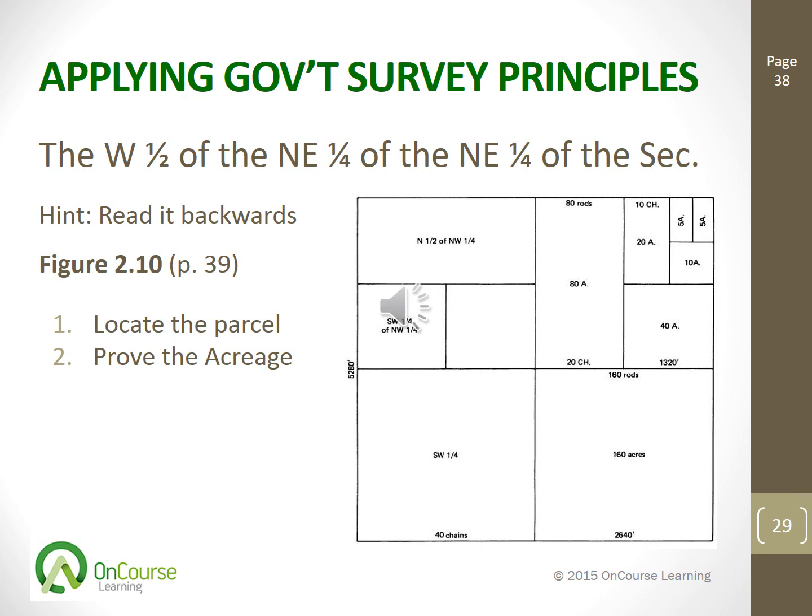Now let's make it just a little more complicated. Let's take the northwest quarter here, on the upper left. Now you have the what? You have on that left 40 acres, you have the southwest quarter of the northwest quarter of the section.